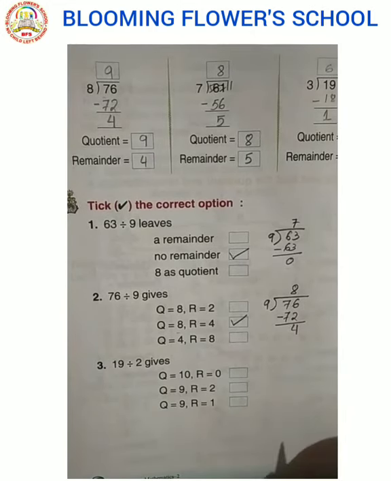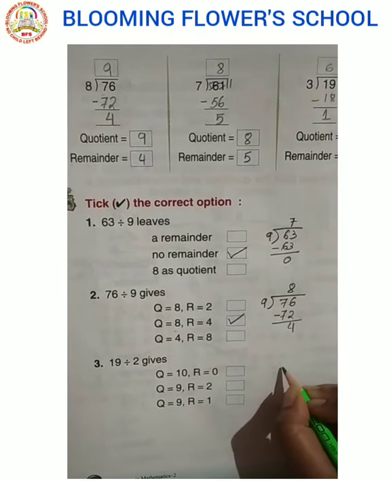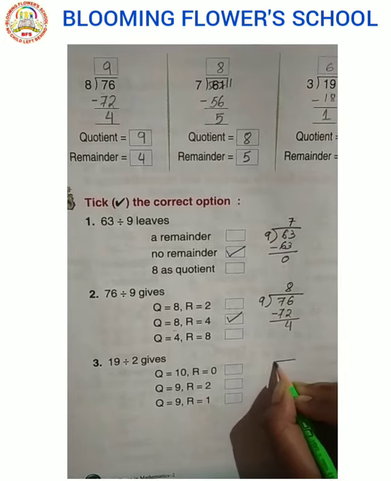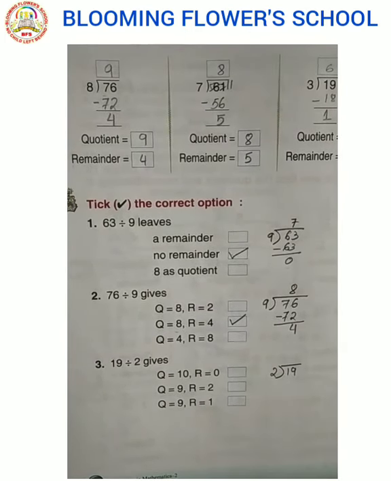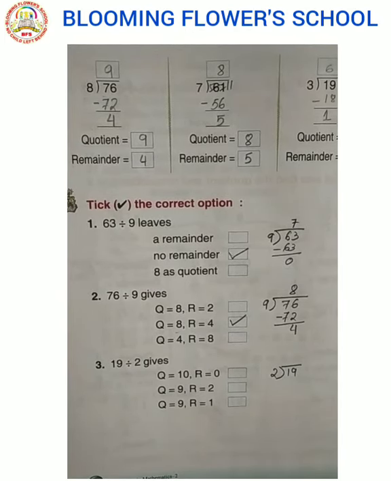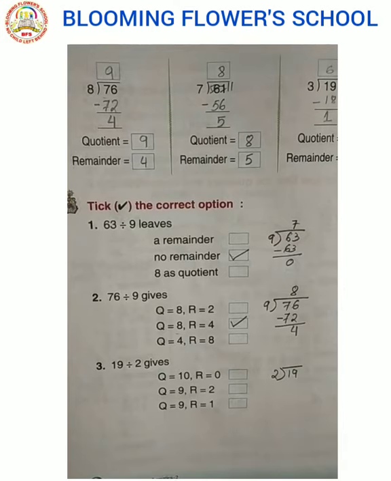Now next one, 19 needs to be divided by 2. What should be the correct one? So we again divide 19 by 2. Now we need to go for the 2 tables. 2 ones are 2, 2 twos are 4, 2 threes are 6, 2 fours are 8, 2 fives are 10, 2 sixes are 12, 2 sevens are 14, 2 eights are 16, 2 nines are 18, 2 tens are 20.